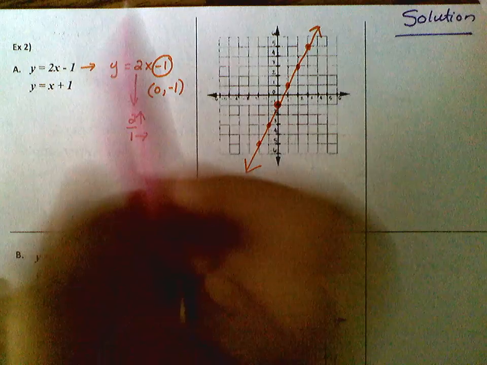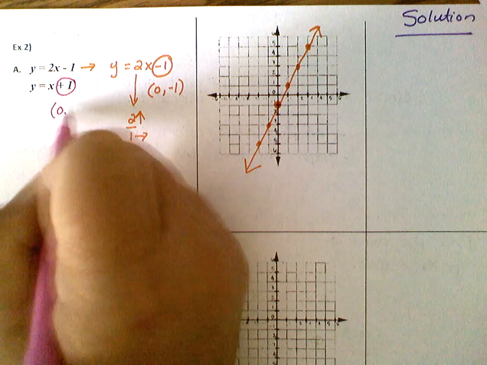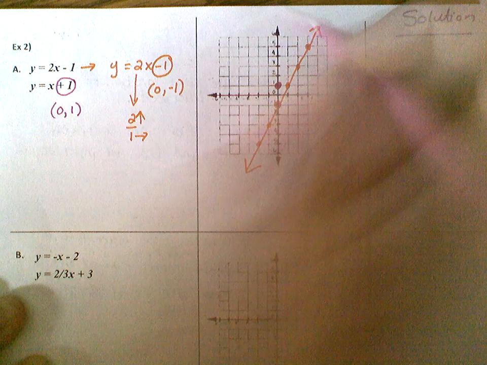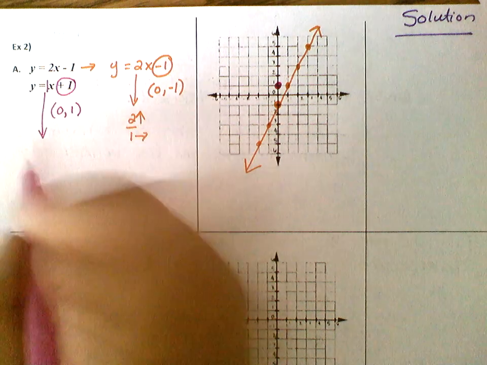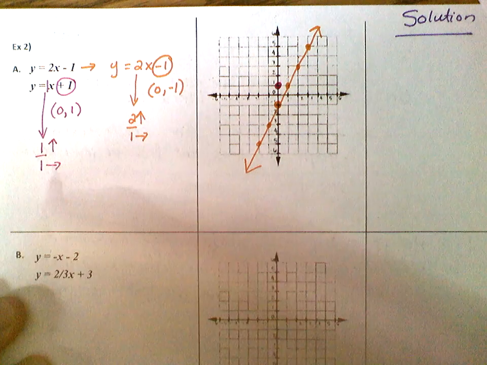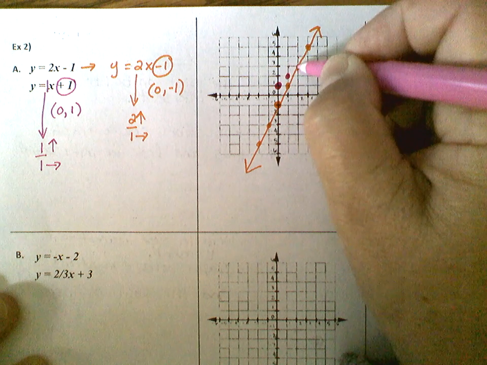Then we can graph the next one. We start here at 0, 1. So here's that starting point. And then if we remember, there's 1x there. So our slope is 1 over 1, which tells us to go up 1, right 1. So from our starting point, up 1, right 1, up 1, right 1.